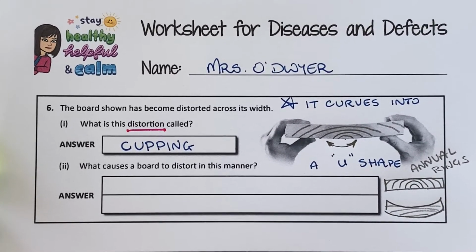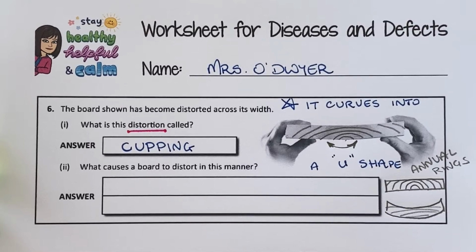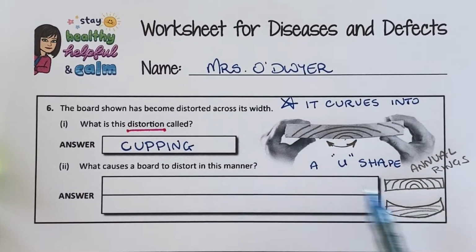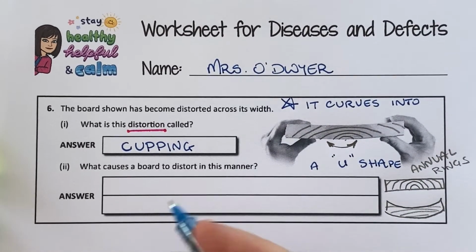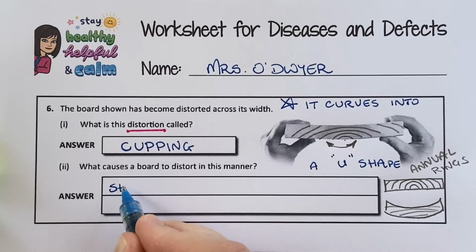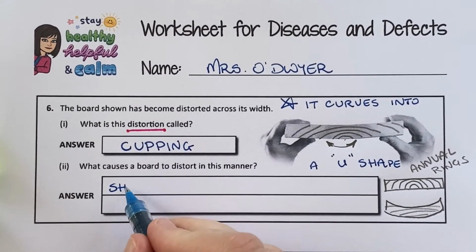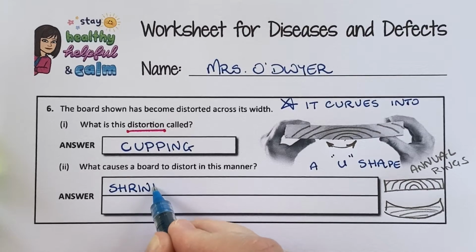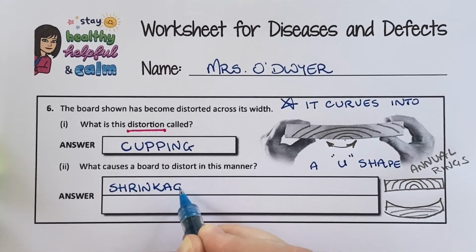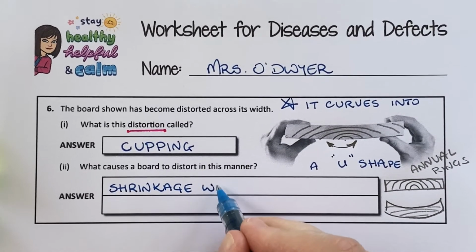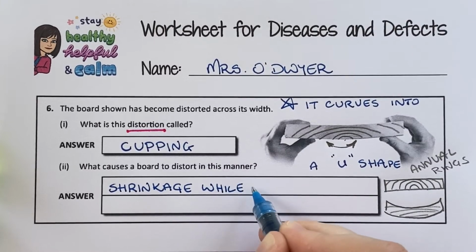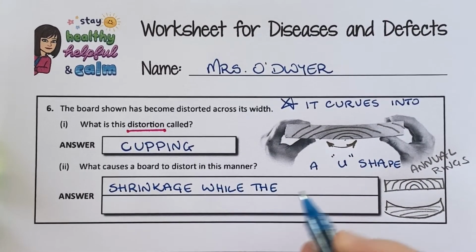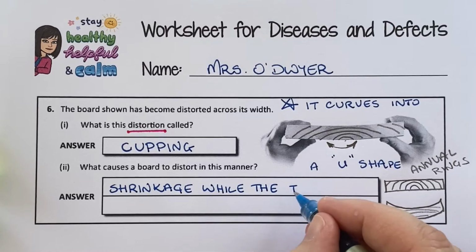Now, what causes it to distort in this manner? This is going back to, well, what do I actually have to write for this answer? Because remember, this is information just to help you answer it. It's shrinkage. It's due to the board shrinking when it's drying. So shrinkage while the board is drying, while the timber is drying. We can control it so much, but we can't always control it.